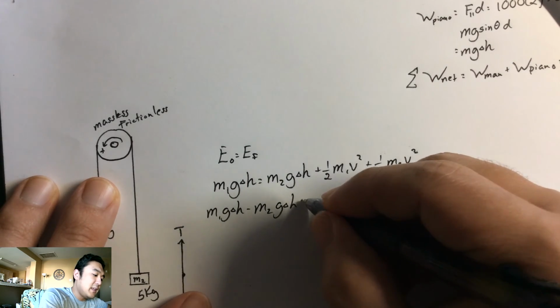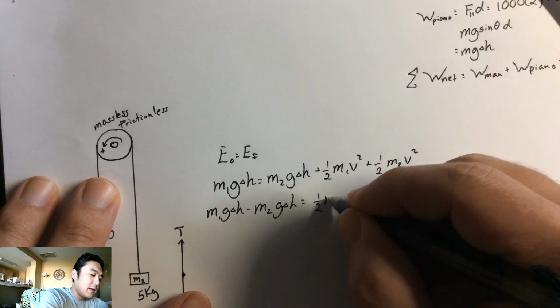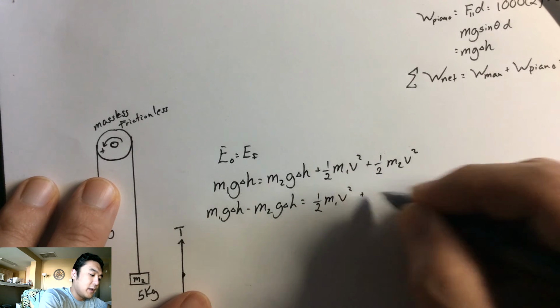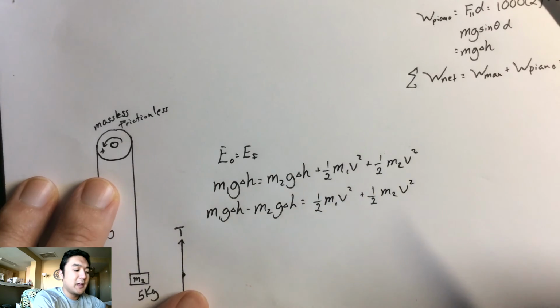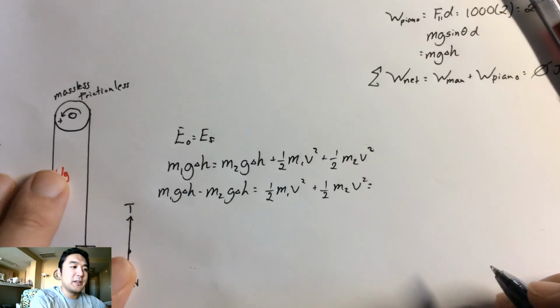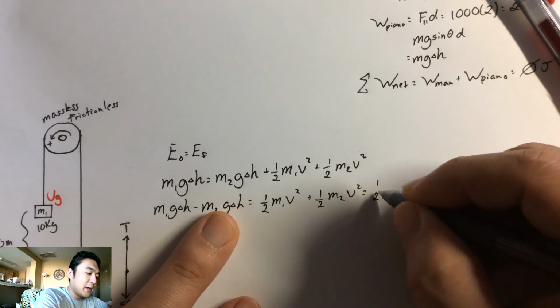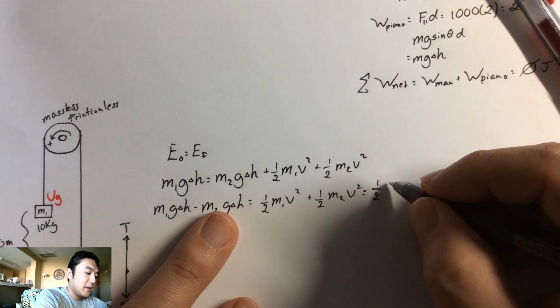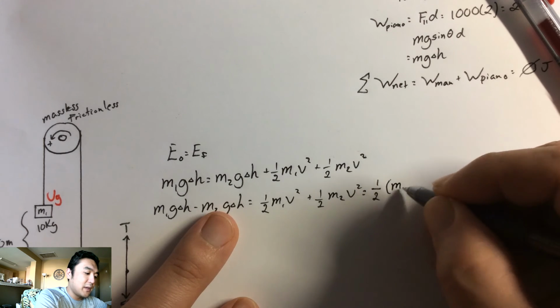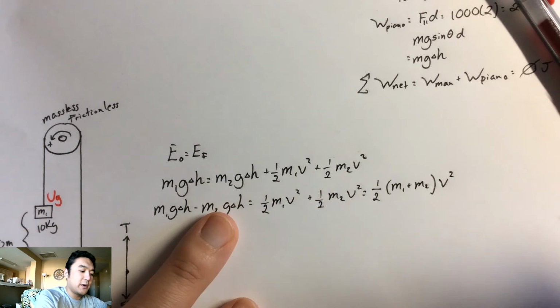And then that's equal to 1/2 M1 V squared plus 1/2 M2 V squared. Let's make this look a little bit nicer. Let's take that 1/2 and move it out, and we're also going to move that V squared out, and so that would leave us with M1 plus M2 quantity V squared.